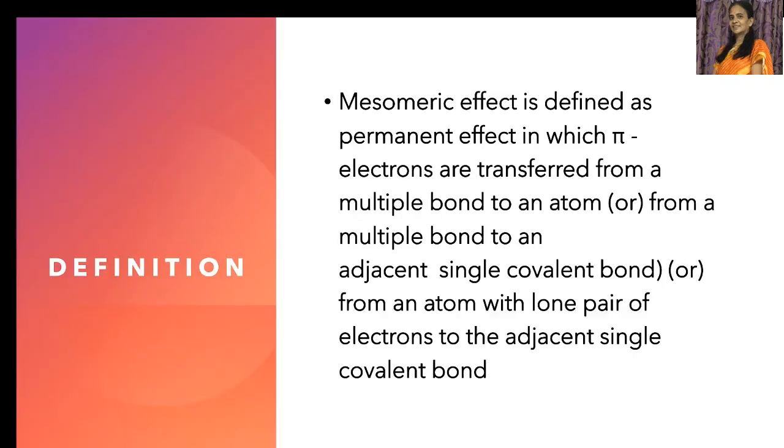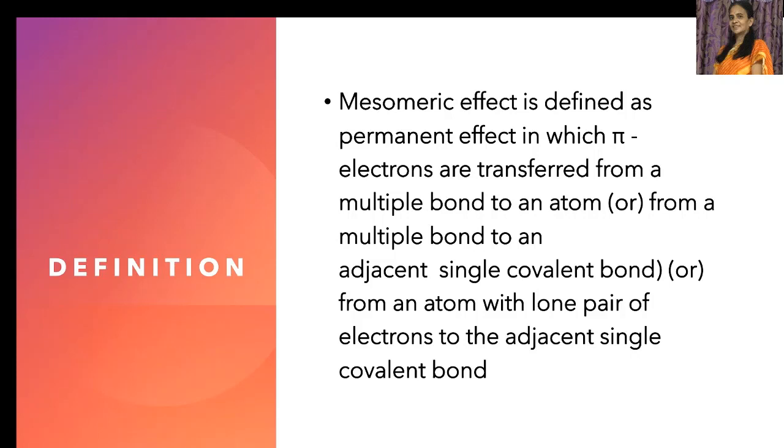Now let's see the definition of mesomeric effect. Mesomeric effect is defined as a permanent effect in which pi electrons are transferred from a multiple bond to an atom, or from a multiple bond to an adjacent single covalent bond, or from an atom with lone pair of electrons to an adjacent single covalent bond.